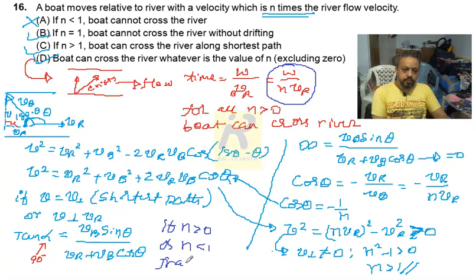By giving a fractional value in this situation, it is possible, so the boat can cross by drifting. So option A is wrong. The final answer is that options B, C and D are correct.